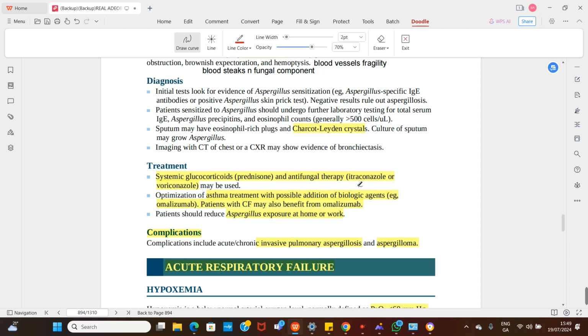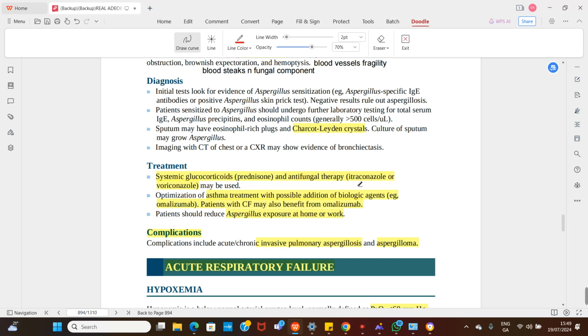We have said it already. You give them steroids and the antifungal medication. You can optimize the background asthma that is predisposing to this condition by adding omalizumab. Omalizumab is anti-IgE, so it can reduce the IgE load in these people. People with cystic fibrosis can also benefit from the omalizumab.